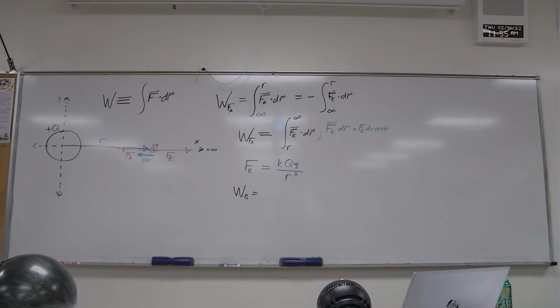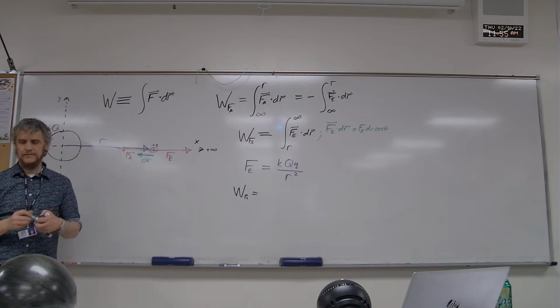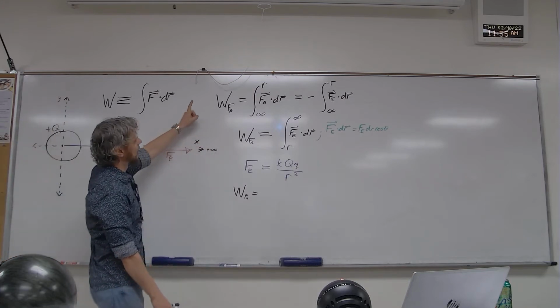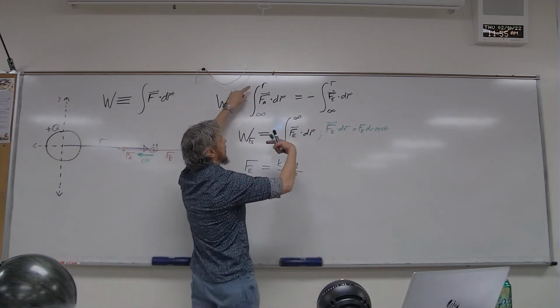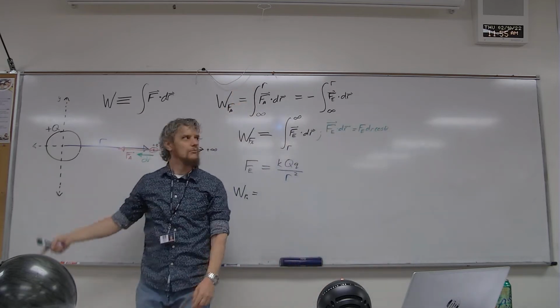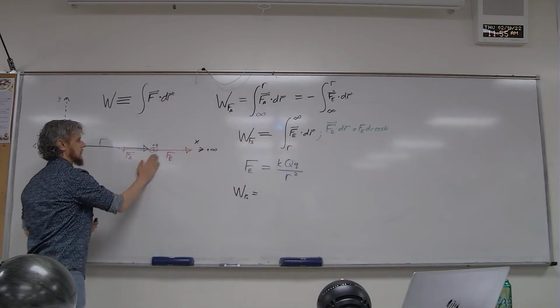Is it positive or negative? Negative. Is this the right dr for that integral? I kind of messed up. If we're going from infinity to r, we are going this way. But if we're going from r to infinity, oh, this isn't the right dr for that one.